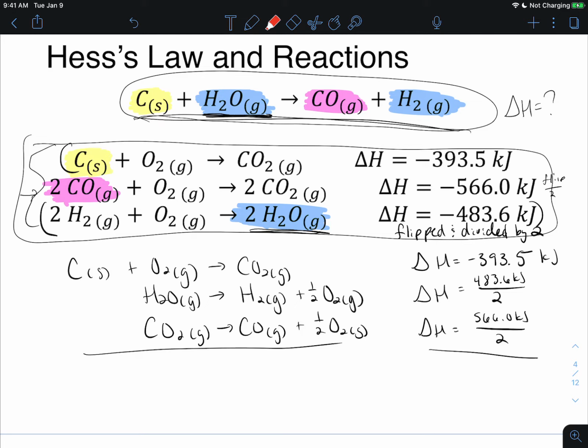Next, I want to go ahead and combine my equations. So I'm going to look and see what I can cancel out. Anything that's the same on both sides is going to cancel out. Anything that's the same on one side is going to combine. So if we look here, this carbon dioxide is a product. This carbon dioxide is a reactant. 1 and 1, they will cancel out.